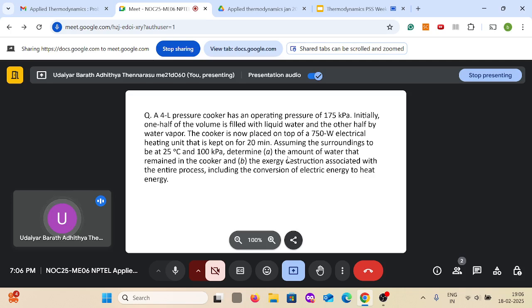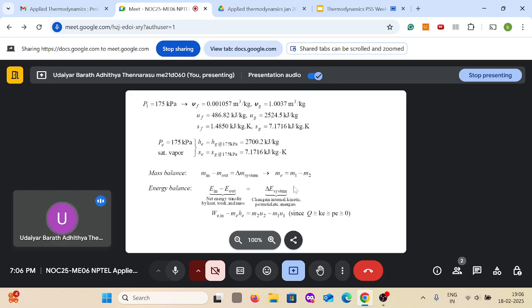We are using an electrical heater which has a 750 watt heating capacity, and it is on for 20 minutes. Assuming the surroundings to be at 25 degrees Celsius and 100 kilopascal, we need to find out the amount of water that is there in the cooker and the exergy destruction. So we'll see how to solve this.